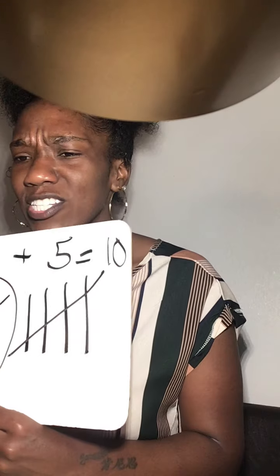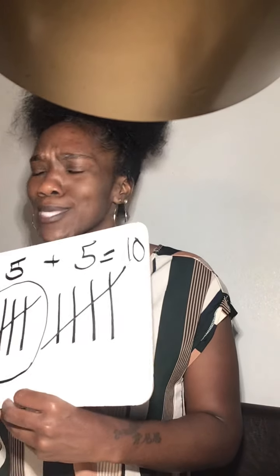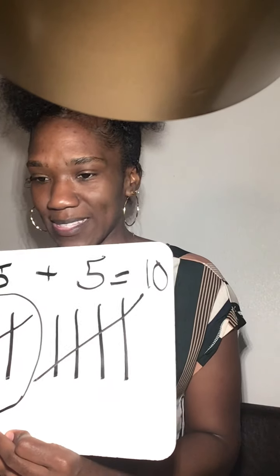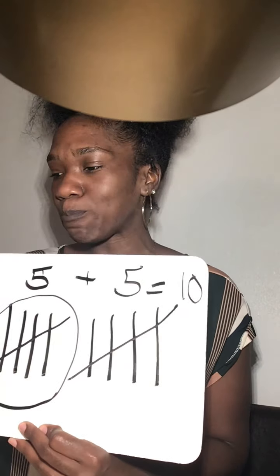And who can tell me what 5 plus 5 is? 10. So without even counting these, you could just look at that and be like, oh, Miss Roberts, that's 10, okay? And then move on to the next. But we'll get better with that.